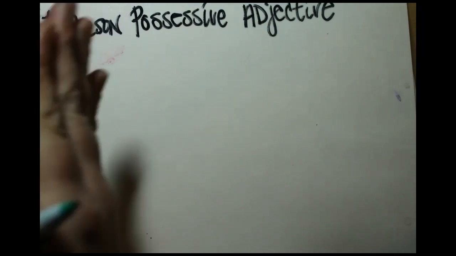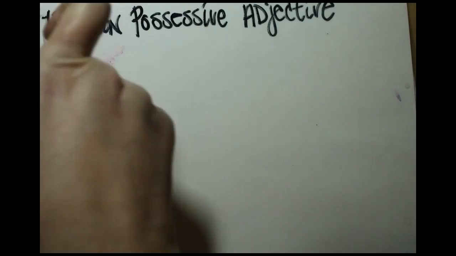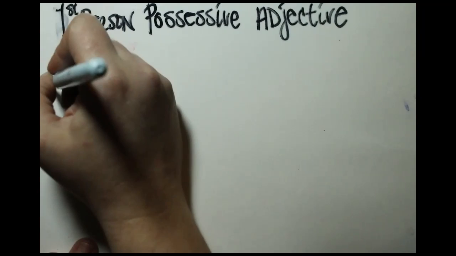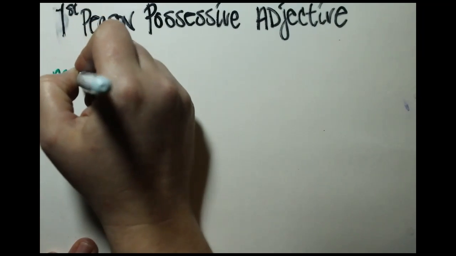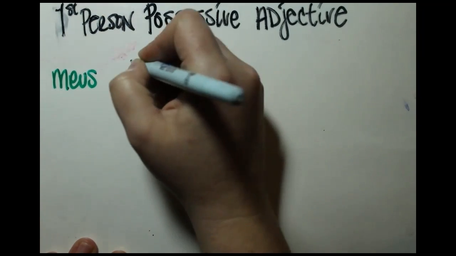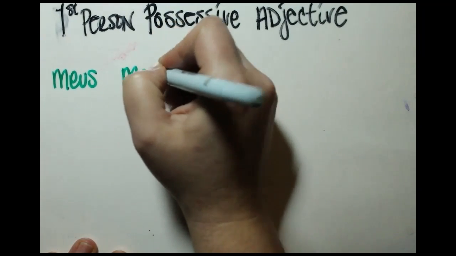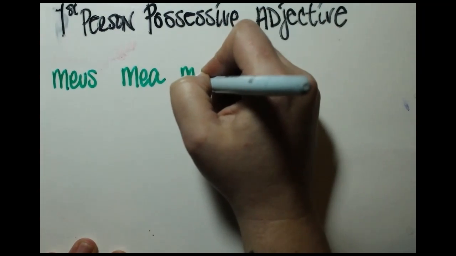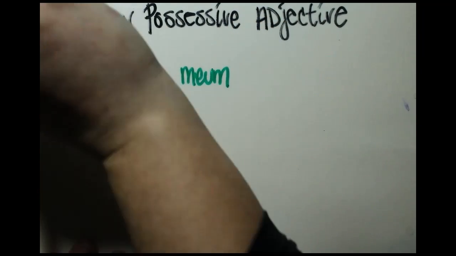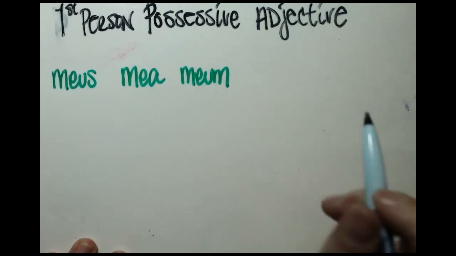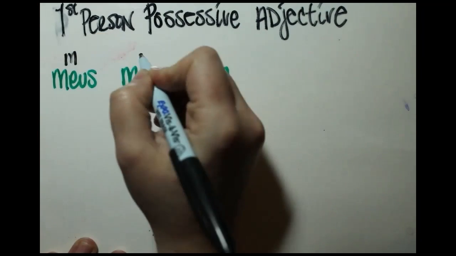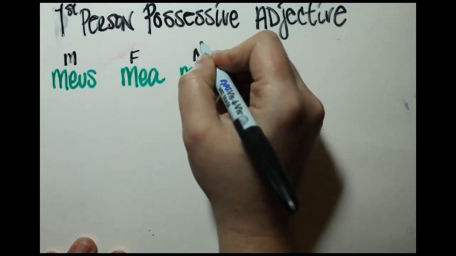On this side is singular, on this side is plural. So we have meus, masculine singular, mea, feminine singular, meum. Gotta make it a little bit smaller so it'll fit on both sides. All right, so this is our masculine, this is our feminine, and this is our neuter.